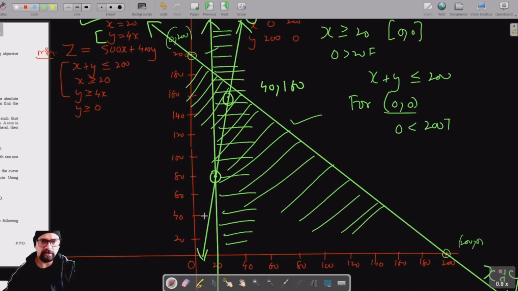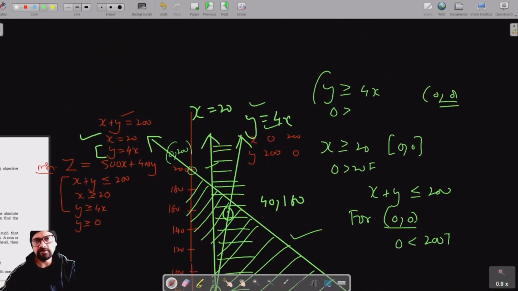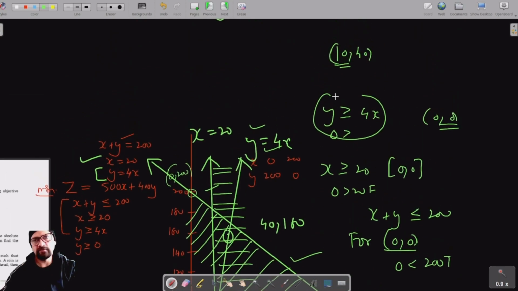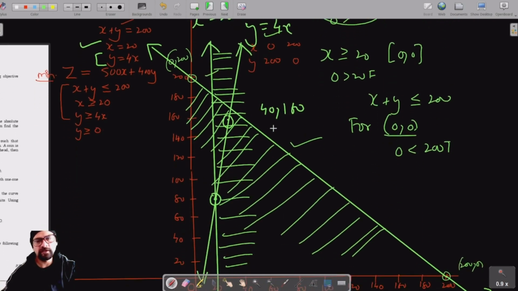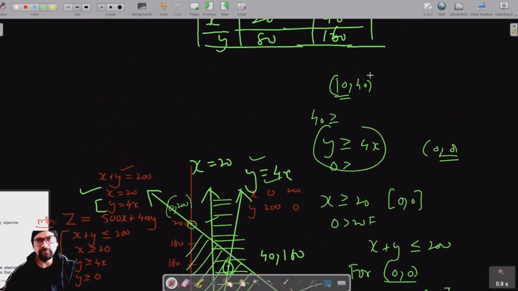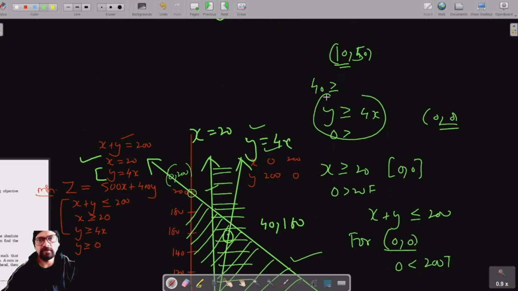Let's check 10 and 40: y is 40, and 4 into 10 is 40, so this is equal. Let's get some other point, say 10 and 50.